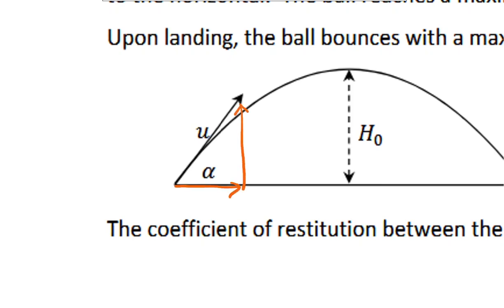I'm just going to draw it here for ease, and we're going to decompose this u into the horizontal and vertical components. The horizontal component of the initial speed is u cos alpha, and the vertical component of the initial speed is u sin alpha.